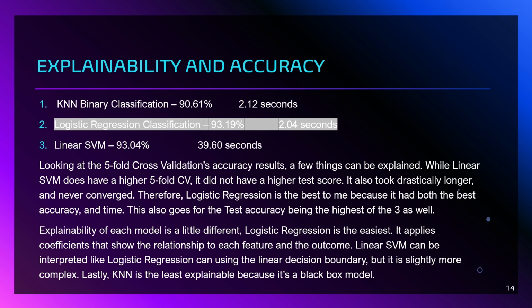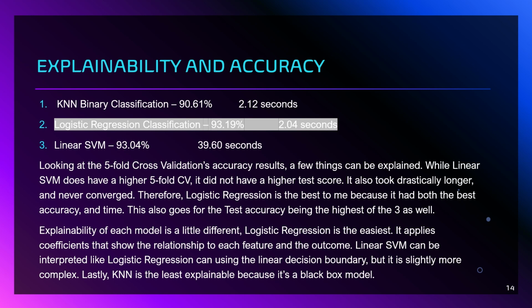And then the explainability of each model makes logistic regression an even better model to me, because logistic regression is very explainable. It applies coefficients to each of the features, and it makes basically a relationship to the outcome.